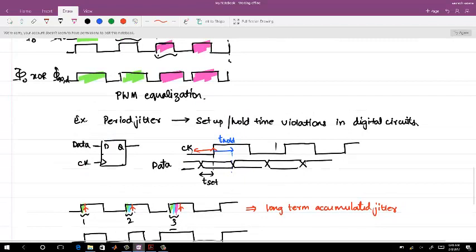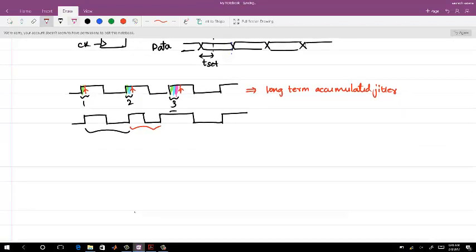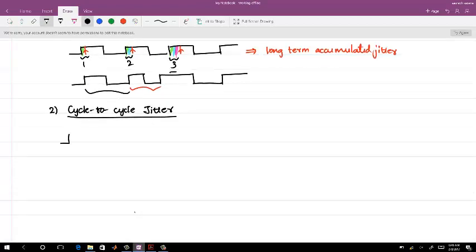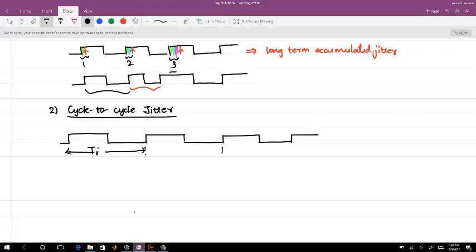Okay, so the next jitter which is defined is cycle to cycle jitter. What it is: this one is T of I, the time period, and this one is T of I plus 1, and so on.